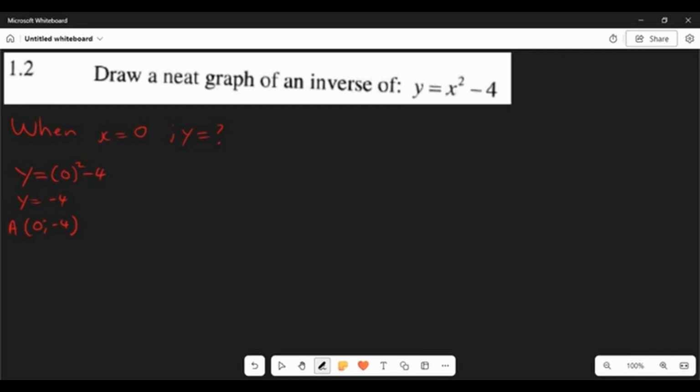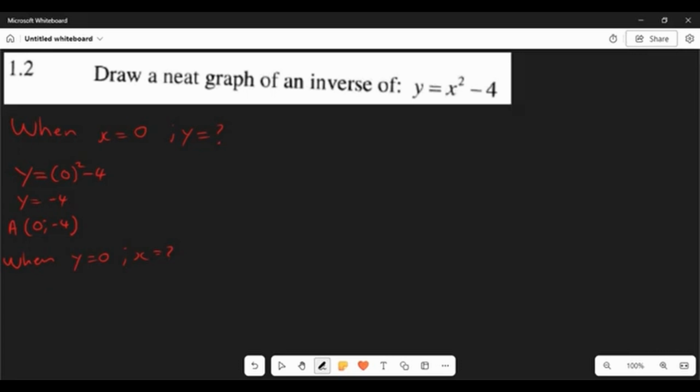Now for the x-intercept, we do the following. We say when y is equal to 0, what is our x? We're also going to do something similar to what we did here. Wherever there is y, we substitute with 0. Right, so let's do it.